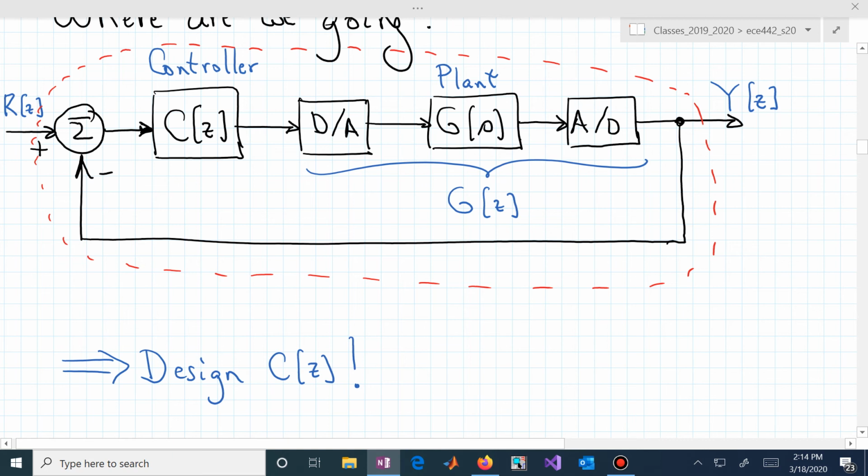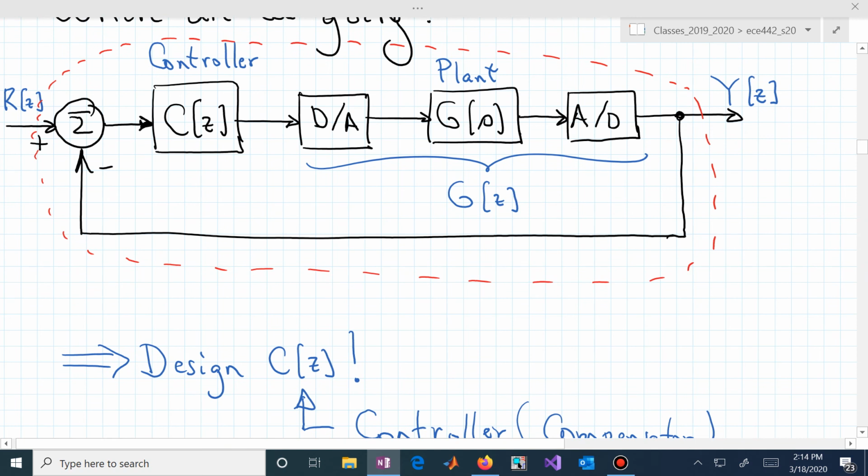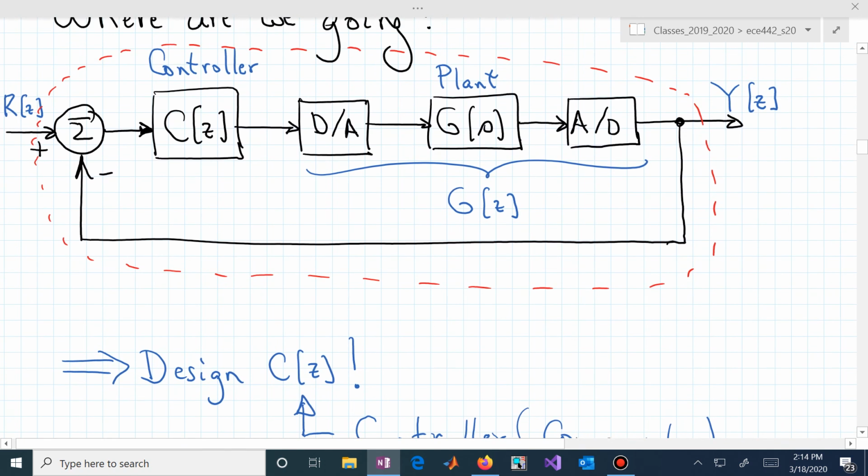So in fact, what we want to be able to do is design this C of z, which we can call a compensator or a controller. This is what we want to be able to do in the rest of the class: figure out how we design this compensator or controller, this capital C of z.